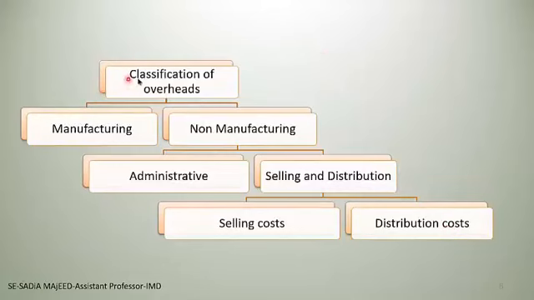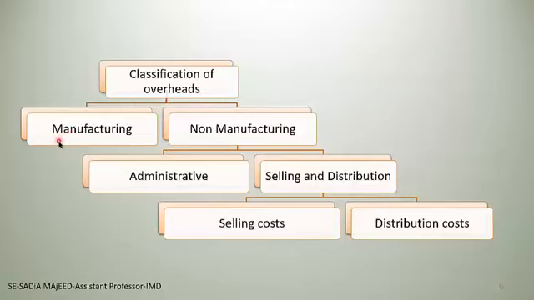Now, overheads are very important in the manufacturing industry. If we look at the total cost, overheads take a major part in the total cost. Even overheads are greater than the direct cost. That is why the study of overheads is very important. We have two types of overheads.